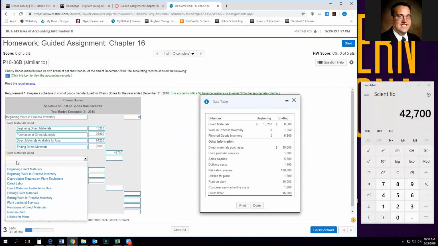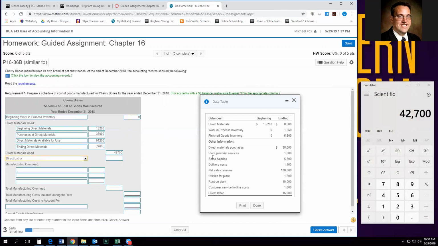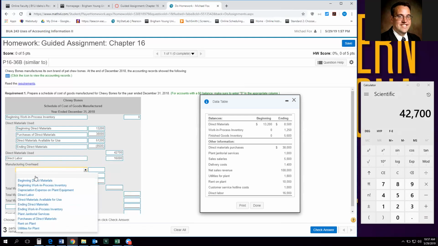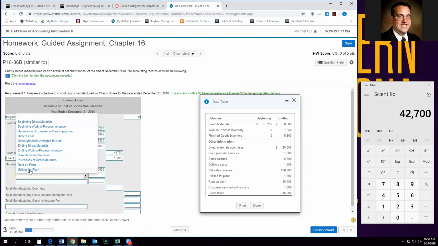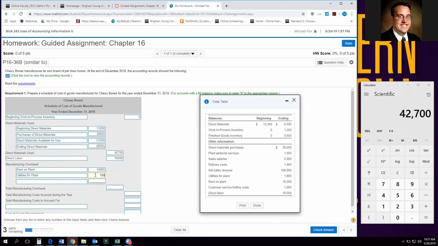Next, we'll put in our direct labor. Again, this will probably be given to us somewhere in here, direct labor, 16,000. Then our manufacturing overhead, that's going to include our rent on the plant, which was 10,000, and our utilities for the plant, which is 1,800, and our plant janitorial services.